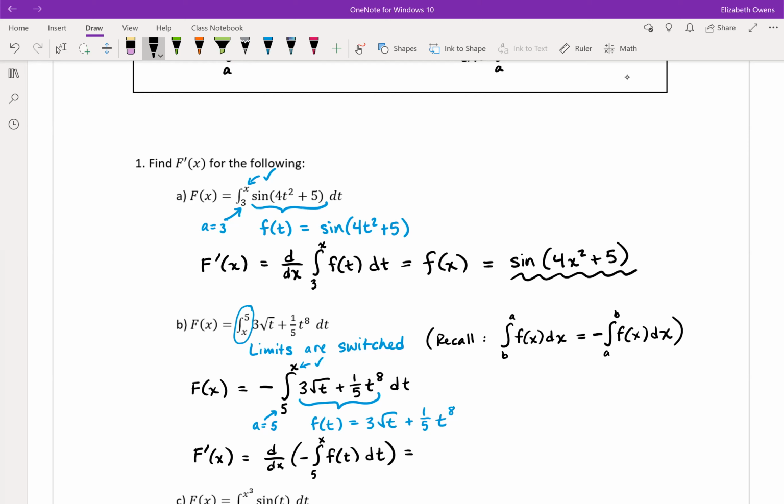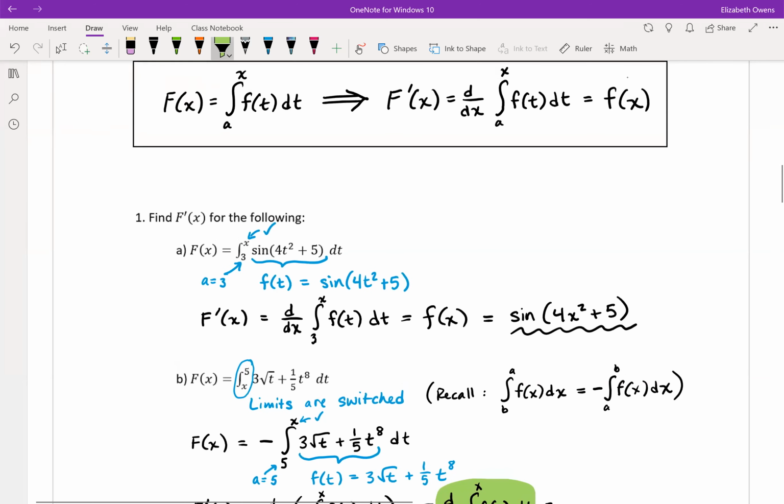Notice how that negative that we had to incorporate is literally just a constant multiple, multiplying the thing that we're trying to differentiate. So we can pull that negative 1 out to the front, negative d dx of our integral 5 to x f of t dt.